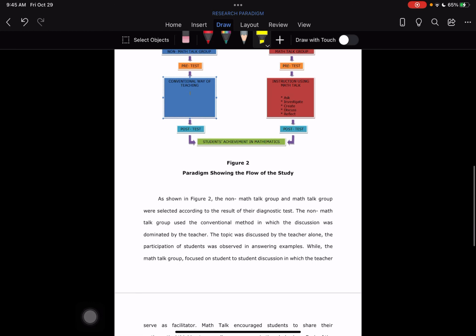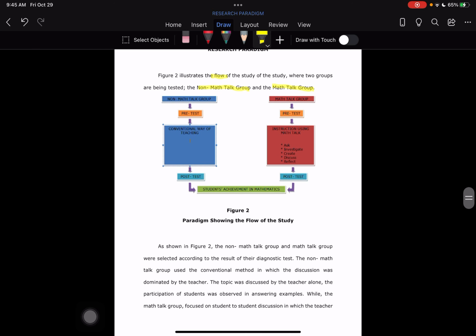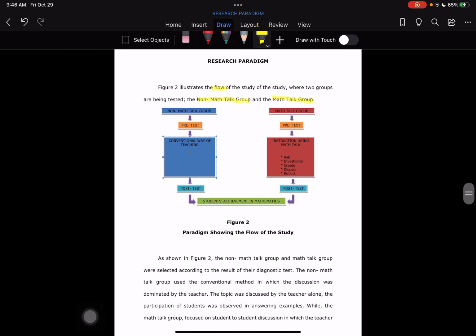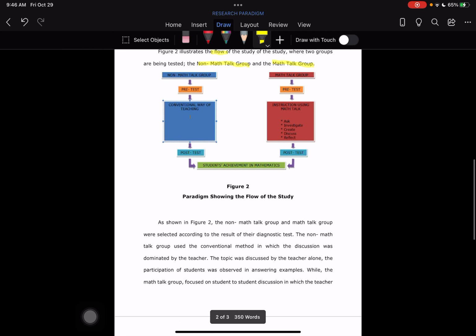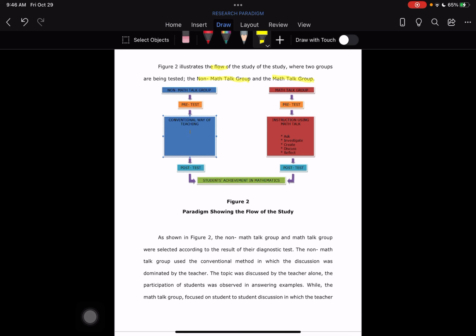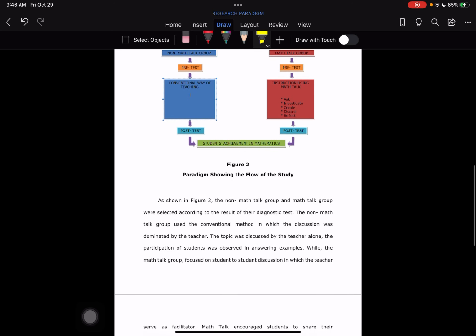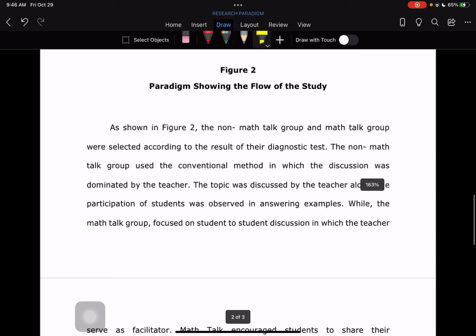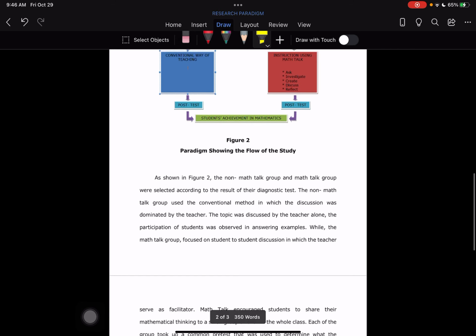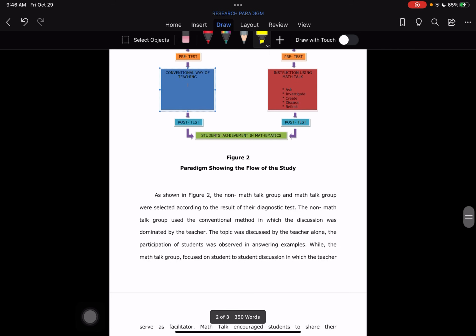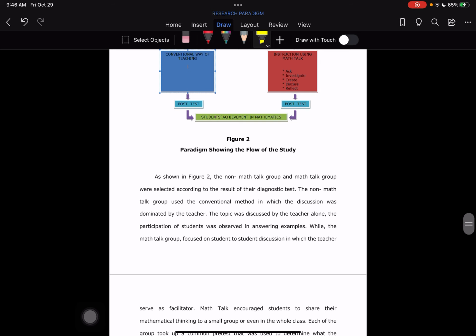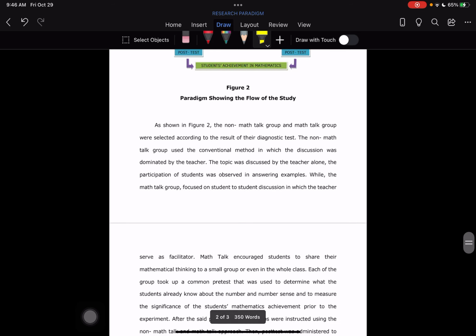Okay, and then immediately after that, I've also mentioned on the last part of our reminder that immediately after the diagram, you should discuss the idea behind the paradigm, and then the relevance of this paradigm to the study that you are conducting.